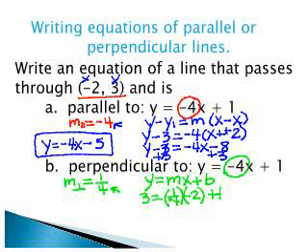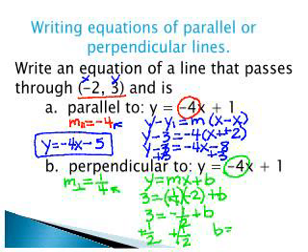plus b. So we need to solve for b, so we have 3 is equal to negative 1/2 plus b. We're going to add 1/2 to both sides. So b is equal to 3 1/2. And now we're going to write the equation of that line.